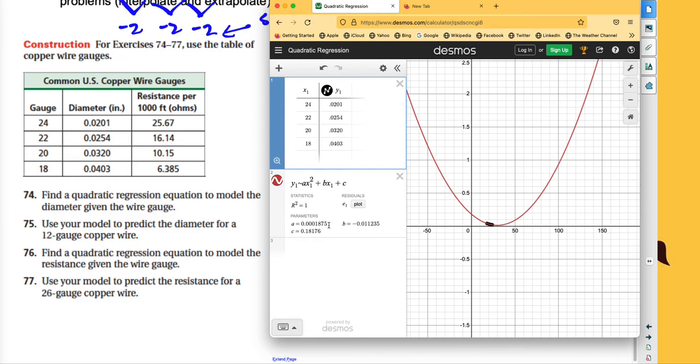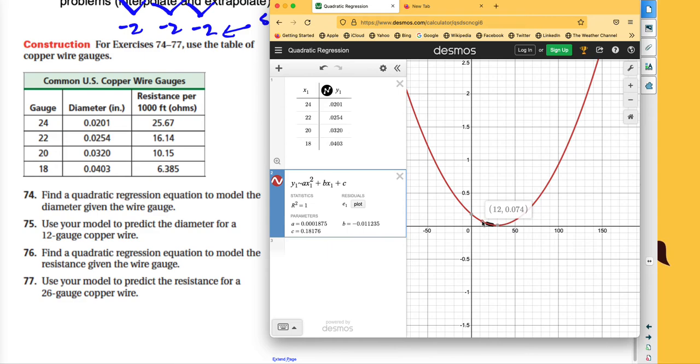You would plug in 12. Because the gauge is the x value, you could plug 12 in place of x. You can use the graph, though I know your trackpad is garbage, so this method might not work very well for you.